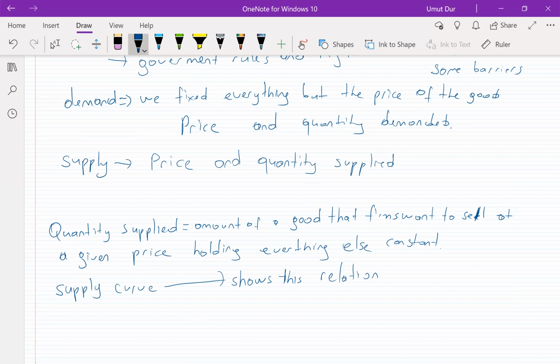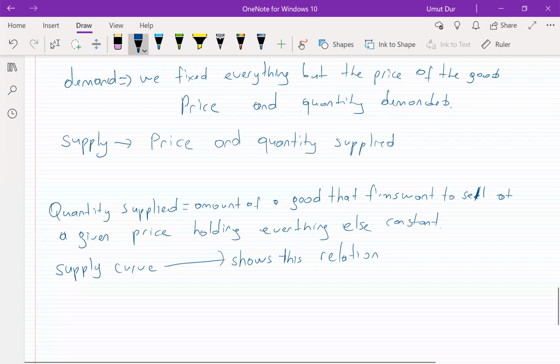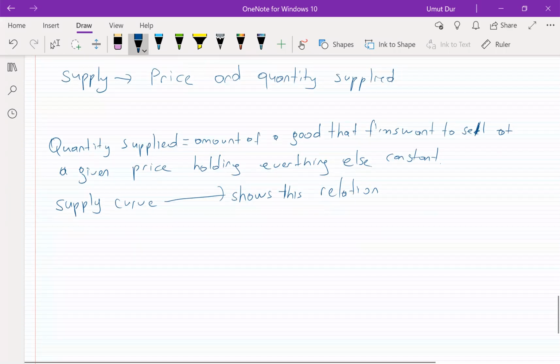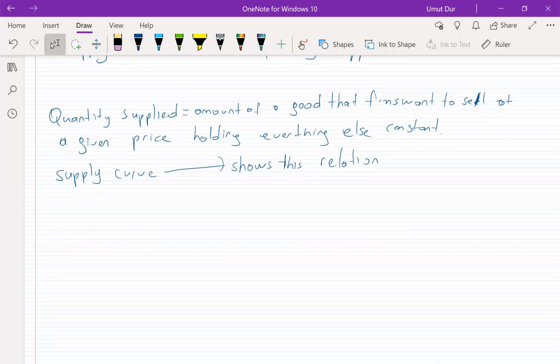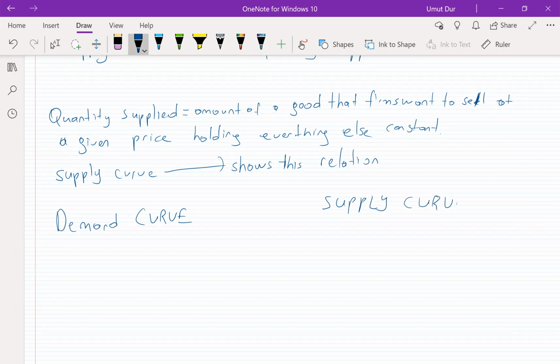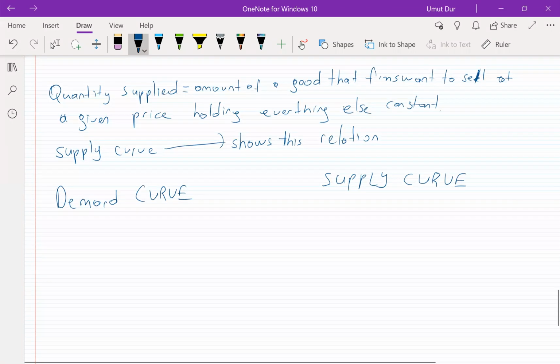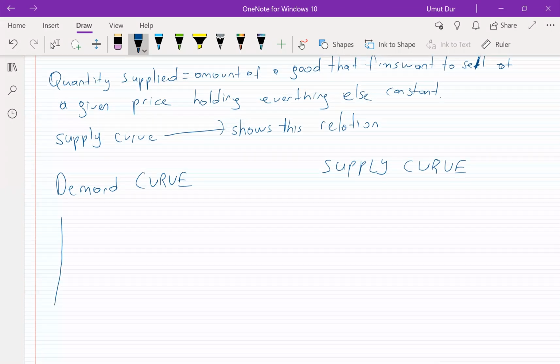Okay, so let me just remind you what the demand curve was. Let's first remember the demand curve here, and we have the supply curve here. So let's first start with the demand.